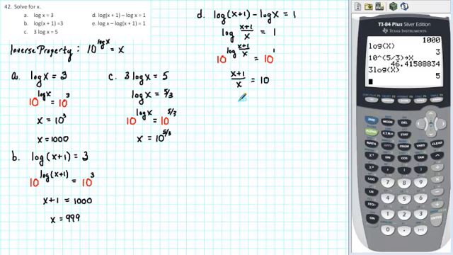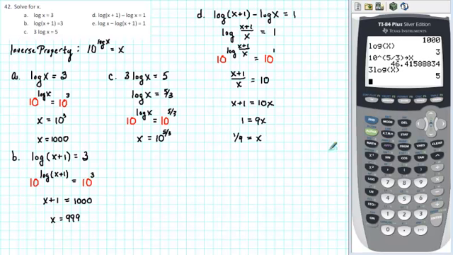In order to solve this rational equation, we can multiply both sides by x, and that gives us x plus 1 is equal to 10x. Next, take away x from both sides, and we get 1 is equal to 9x. And finally, divide both sides by 9, and we get x is equal to 1/9.